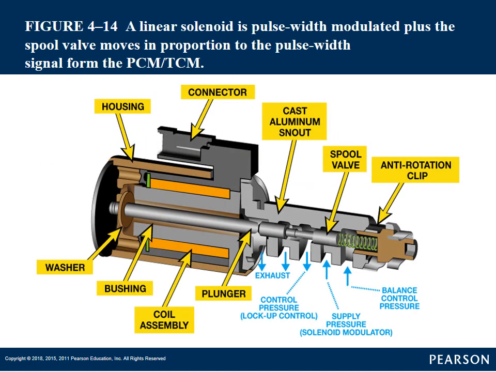Here's an example of a linear. They call it linear because it's all in line with each other. As you see, the spring is on the end of the valve, and then the plunger is pushing against the valve. So instead of a ball that's just closing one single port off, it moves that plunger, which moves the valve a certain distance.